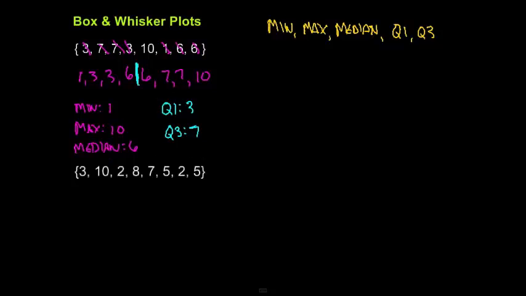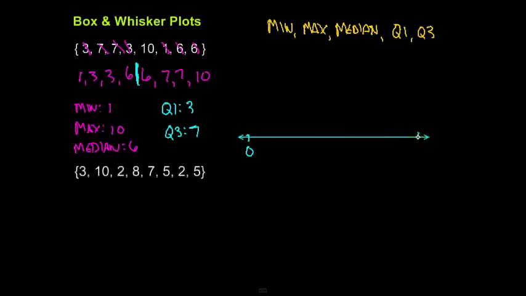So now I have my 5 points that I can use to draw my box and whisker plot. I'm going to start out here with just a number line. We're going from 1 to 10, it appears, so I'm going to go from 0 to 10.